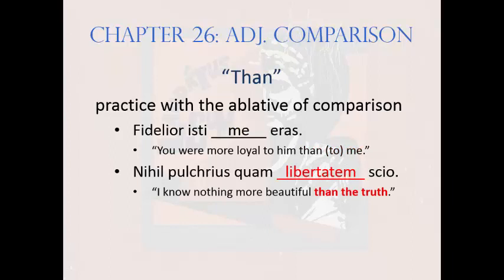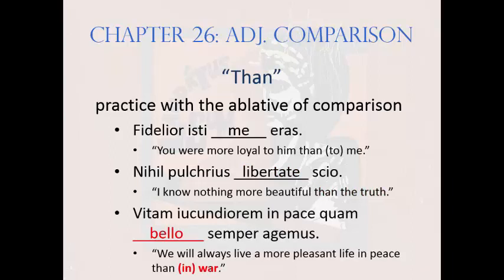Next sentence. Originally we had nihil pulchrius quam libertatem scio. Take out the quam, and what form of libertas do you want? What's the ablative of libertas? Libertate. Last example. Vitam iucundiorem in pace quam bello semper agemus.